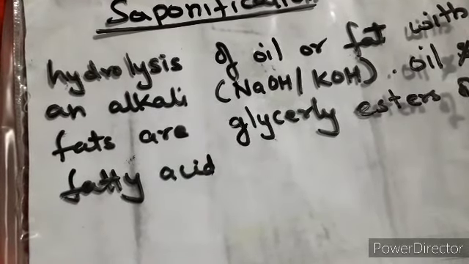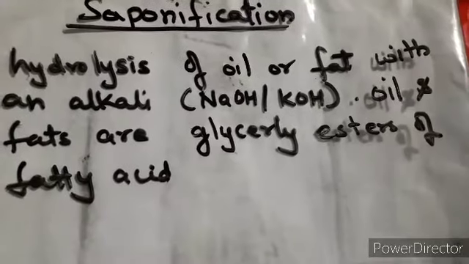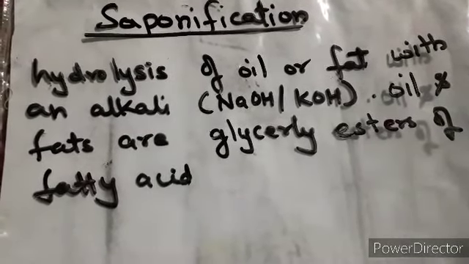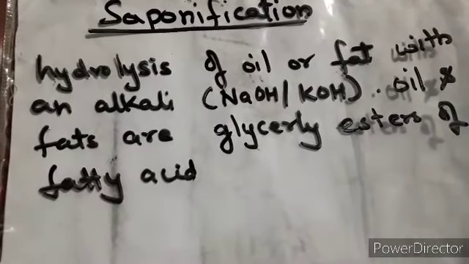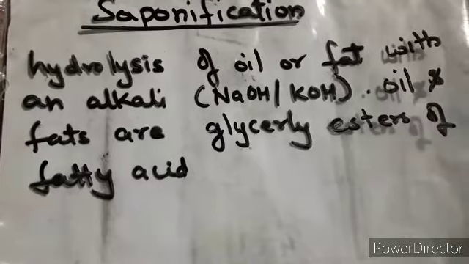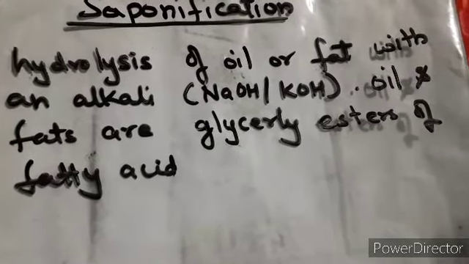So this way you can get the different soaps. Now we have to focus on sodium soap, and we'll see the reaction, how it is formed. Basically you have to keep in mind that sodium soaps are prepared by heating oil or fats with an aqueous solution of hydroxide.